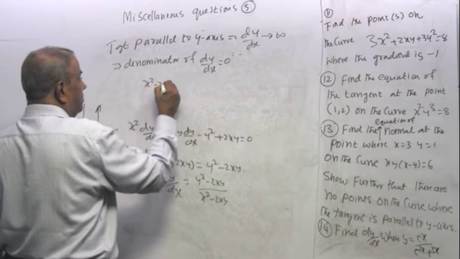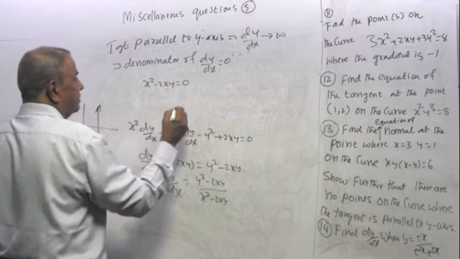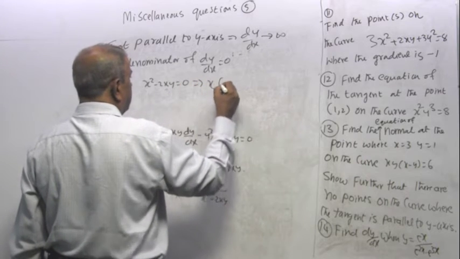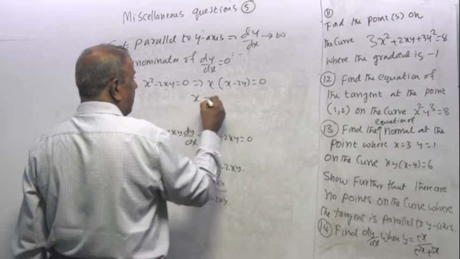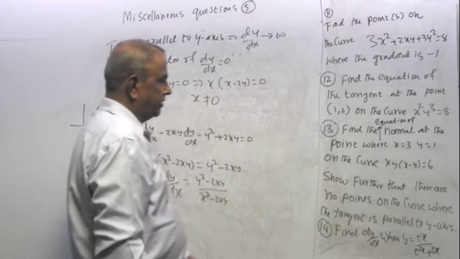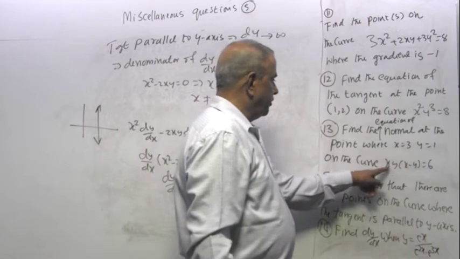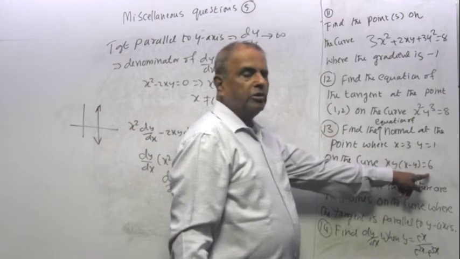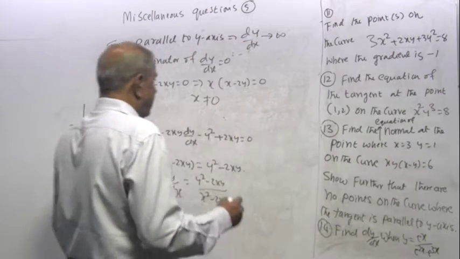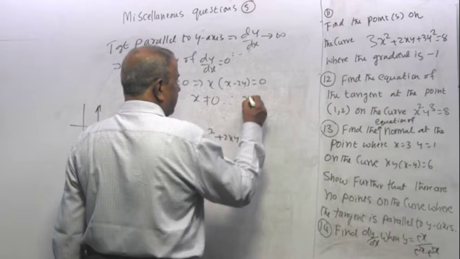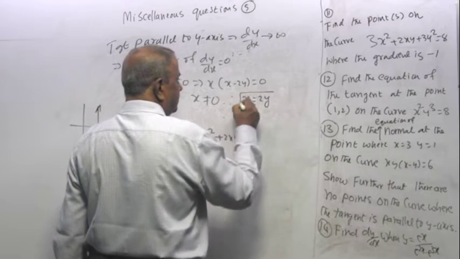So x squared minus 2xy equal to 0. x times x minus 2y equal to 0. x cannot be 0. You know why? Because if we put x as 0, 0 equal to 6 is not possible. So x cannot be 0. So therefore, x equal to 2y.